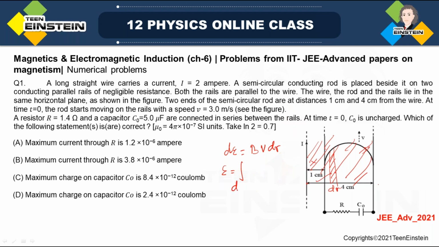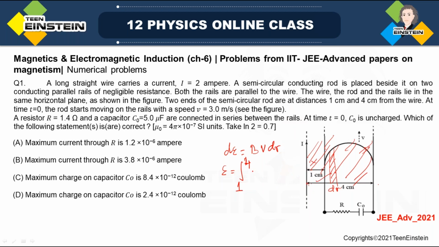So it is dr, or L is equal to, I could just write dl also. Here the limit is 1 to 4, and dr has a limit 1 to 4. That means this is the distance from the wire.